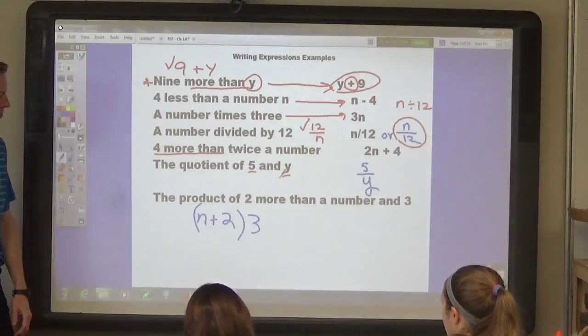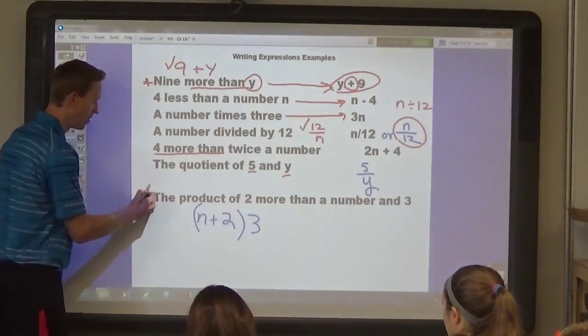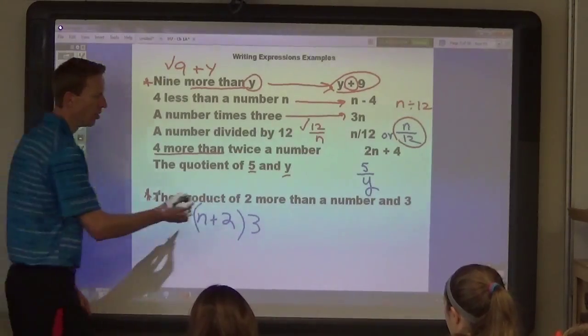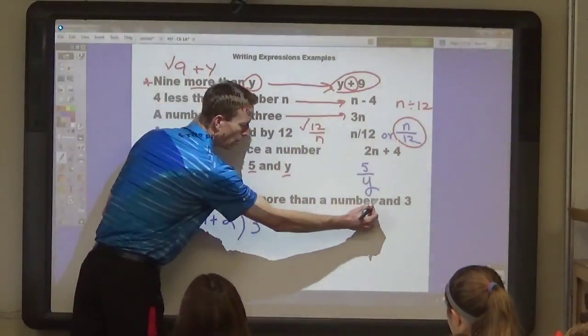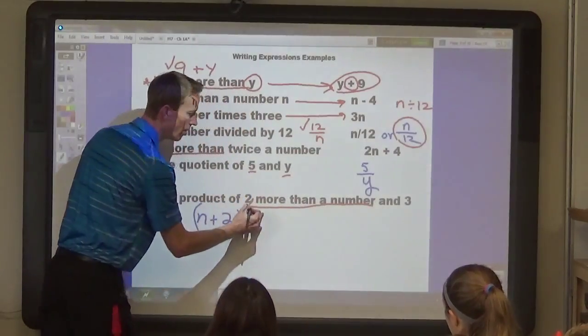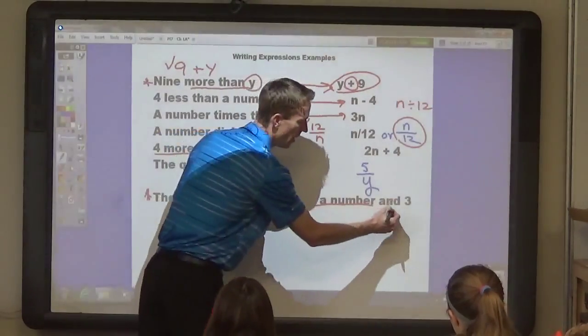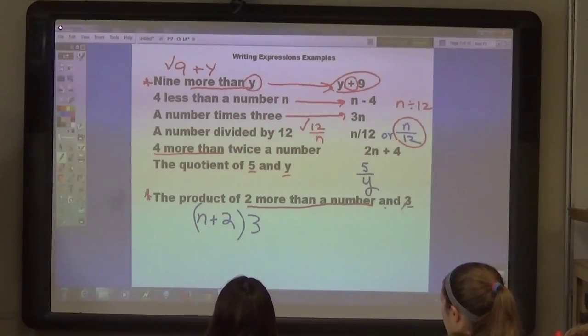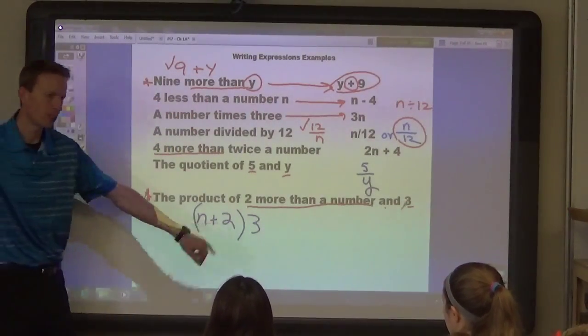Okay? And then one challenge one. The product of two more than a number, this phrase goes together, and 3. Now, do you see how this goes together?